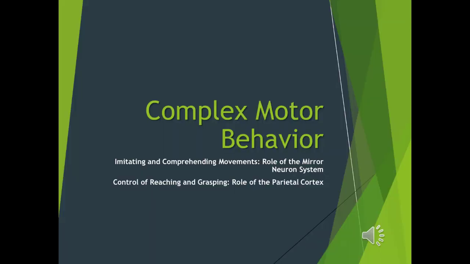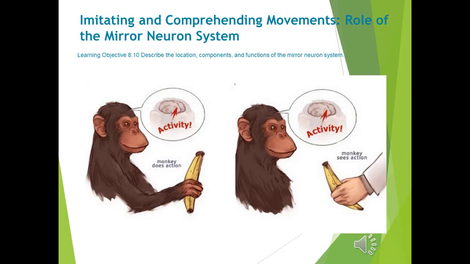Now that we have discussed motor control at the level of the spine and the brain, we're going to consider complex motor behaviors. So the mirror neuron is probably the most interesting thing you read about for this week's unit on the neurobiology of movement.